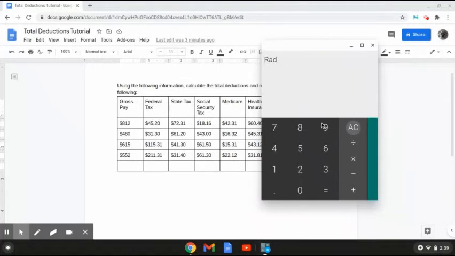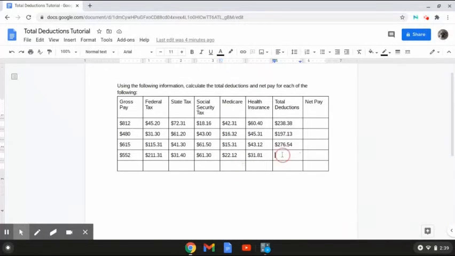So let me pull up my calculator here. 21131 plus 3140 plus 6130 plus 2212 plus 3181. So, our new total deduction amount for this problem is $357.94. And that is how to solve this problem.